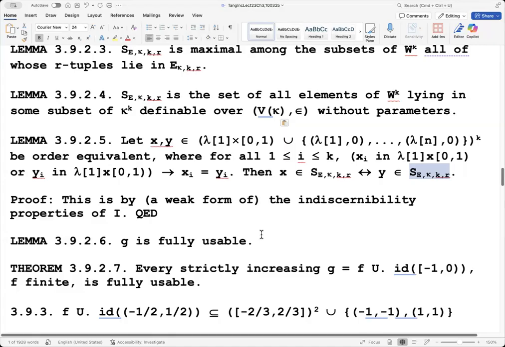And this interval becomes the interval minus one comma zero when we make the isomorphism.